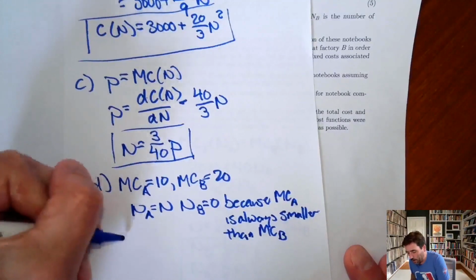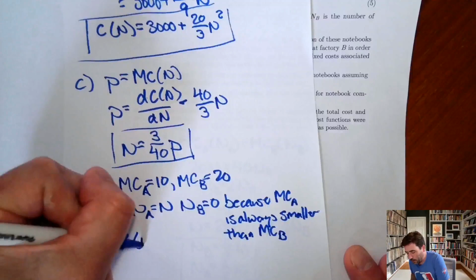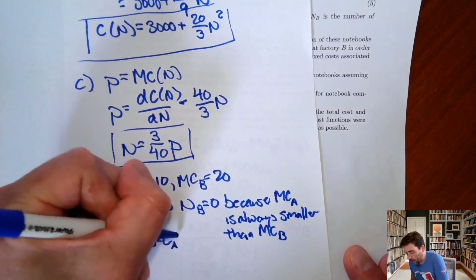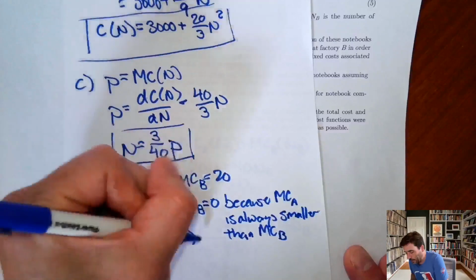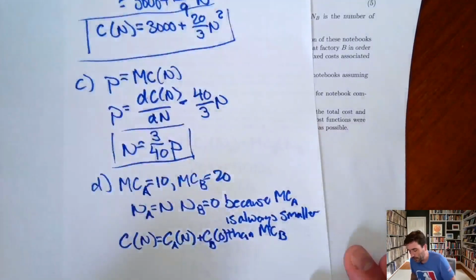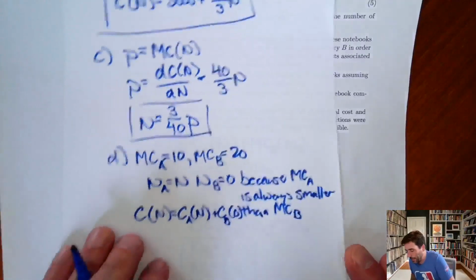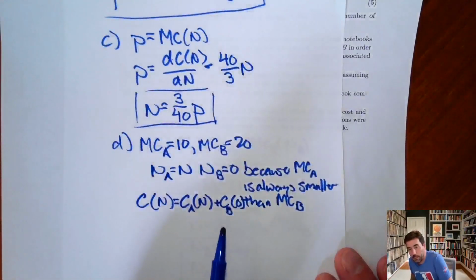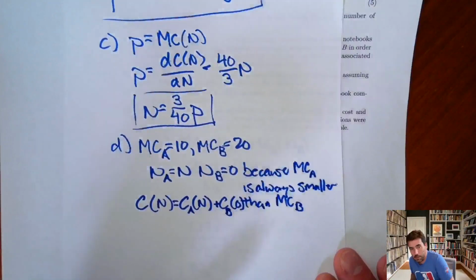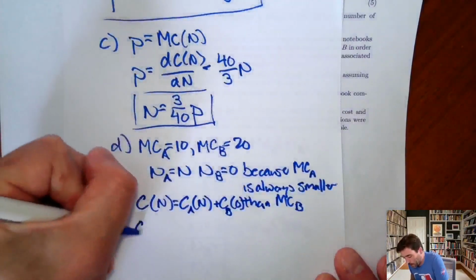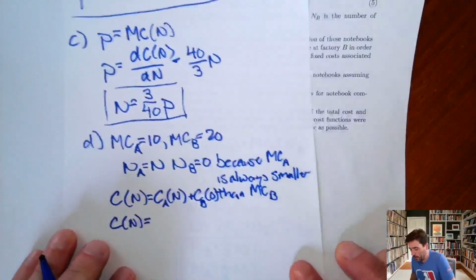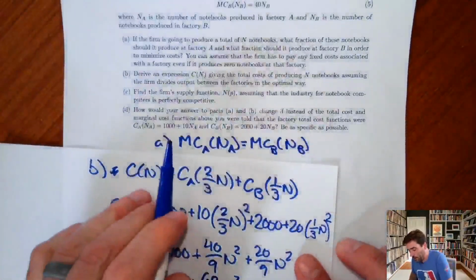And so our costs of producing an amount N are going to be our costs of producing N at factory A plus our costs of producing nothing at factory B. And I still need to factor that in because we still have those fixed costs of factory B. Remember, earlier in the problem, it told us we still have to pay those. All right, so now we've got our new cost functions, we need to use those.